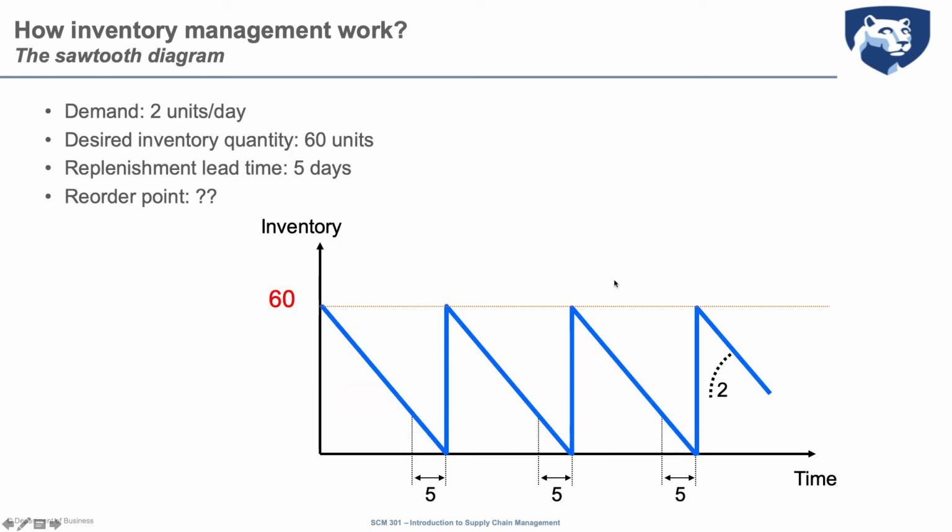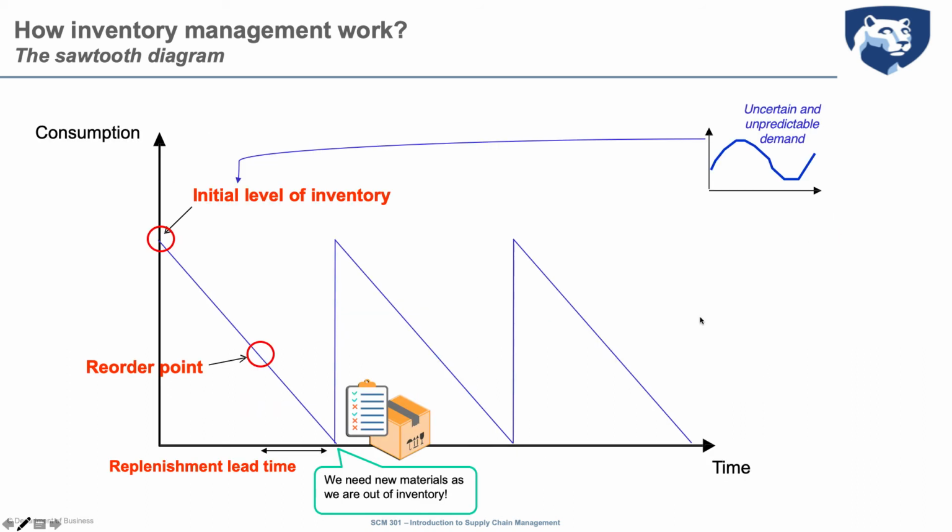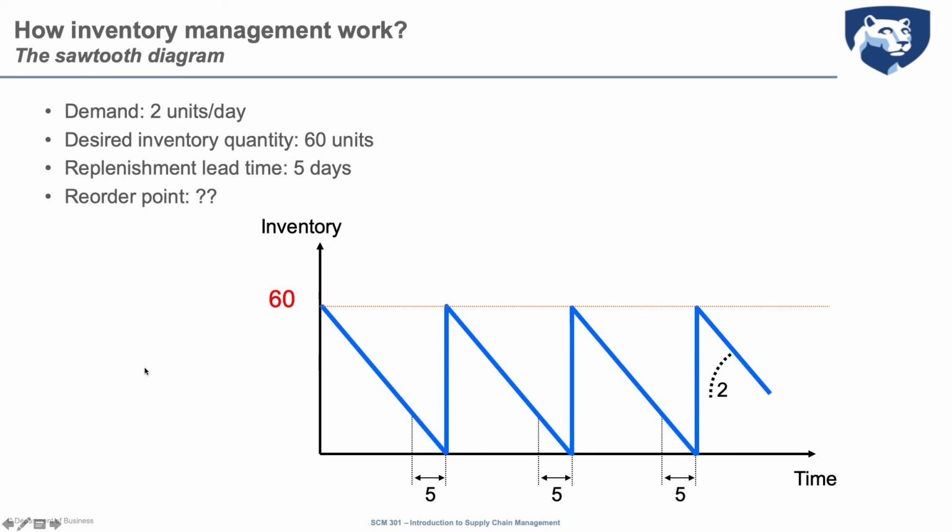Example. The initial level of the inventory is 60. So I start with 60. I want 60 units of this type of material as inventory. My demand is 2 units, which is like the slope of this curve.